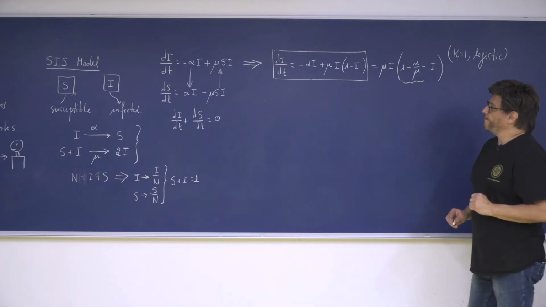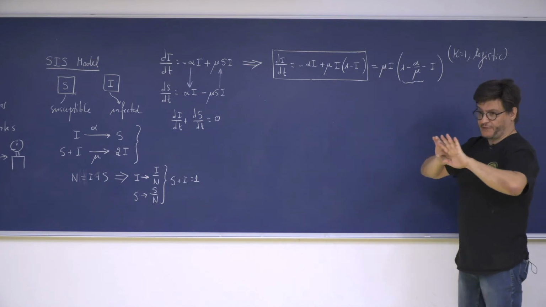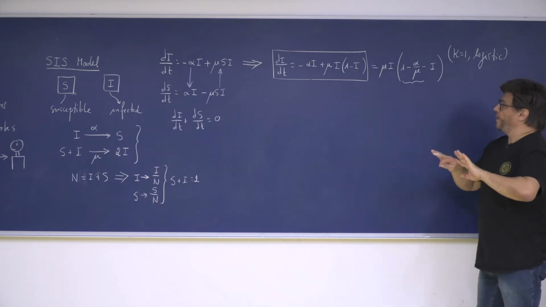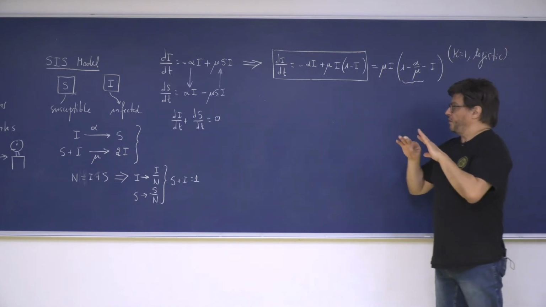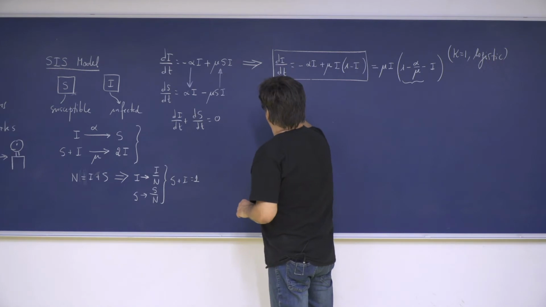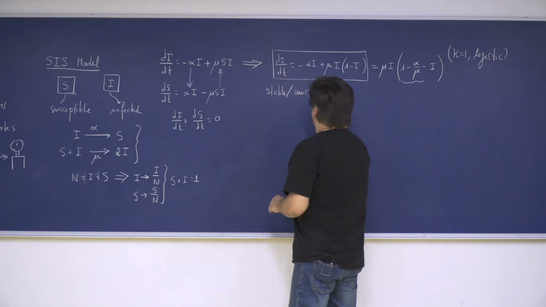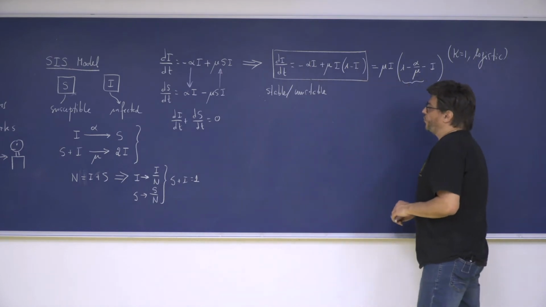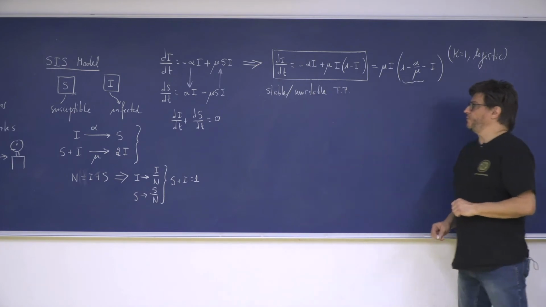All right, well, let's take the model this way because we have factorized the two parts, right? We don't want to do the integral of this or anything. Let's do the fixed point analysis, right? We want to know what are the stable or unstable fixed points, okay?